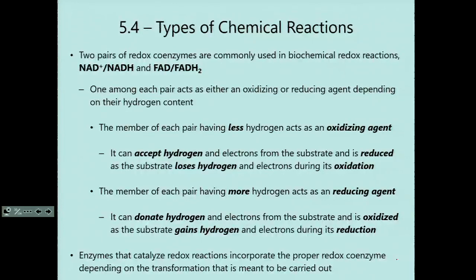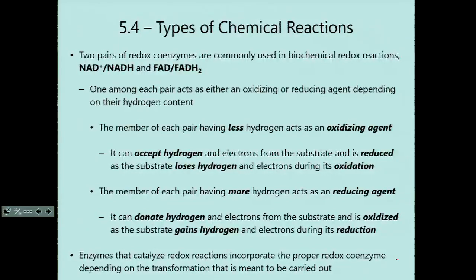So depending on which direction the reaction is going, one of the two possible entities is reacting. Of each pair, one species we call the oxidized form of the coenzyme, and the second one is the reduced form. So by looking at these two, how do you know which one is the reduced and which one is the oxidized?